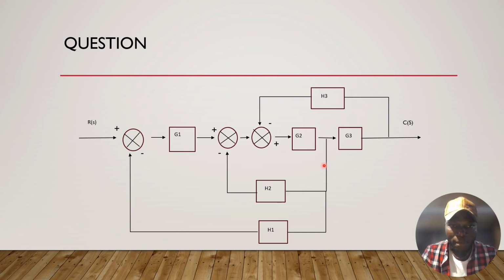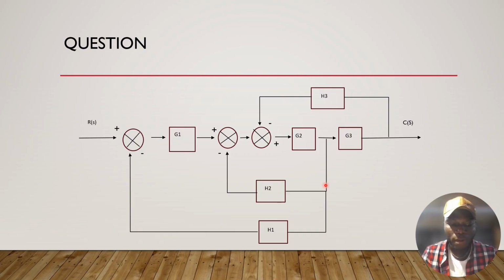This is an example of a pick-off point, where a signal is split and sent to another part of the system. Because of these multiple loops and connections, the system is quite complex in its original form. Therefore, we cannot directly write the overall transfer function without first simplifying the diagram.